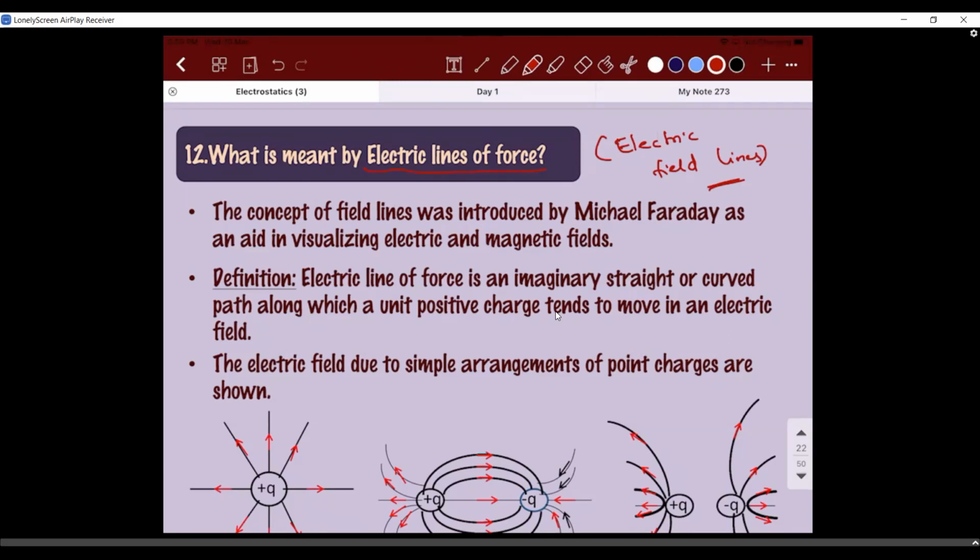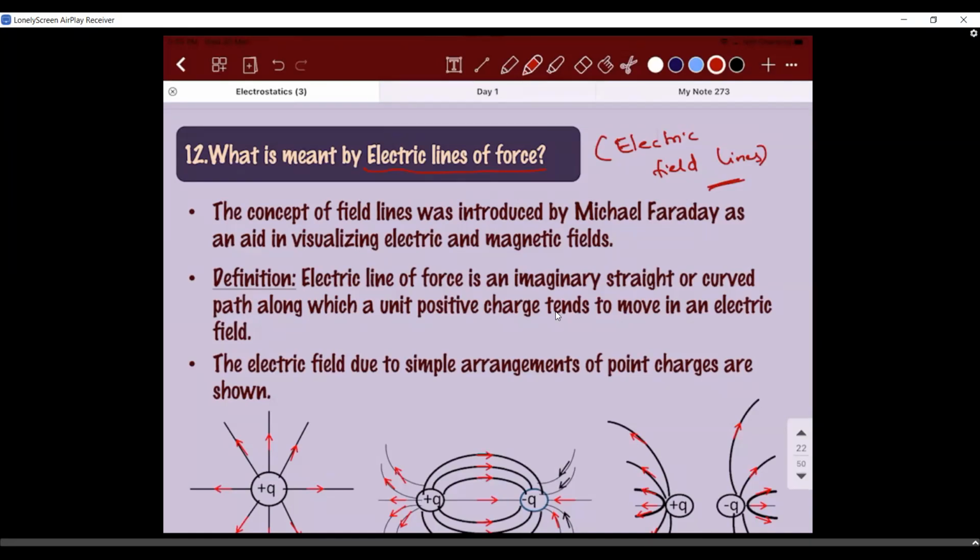So electric line of force, please write it down. Electric line of force is an imaginary straight or curved path along which who will move?